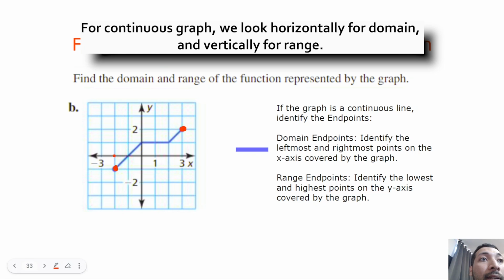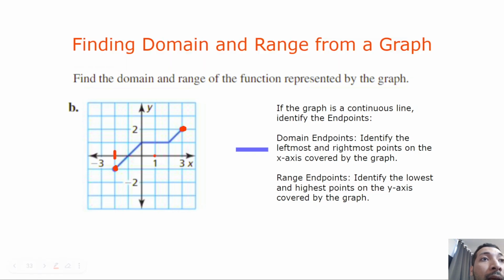So you can see that the graph is starting from here and ending over here. So this region on the x-axis is the domain. So it starts from -2 and ends at 3. Now this portion can be written as a compound inequality. So you can write -2 less than or equal to x less than or equal to 3. This is our domain.